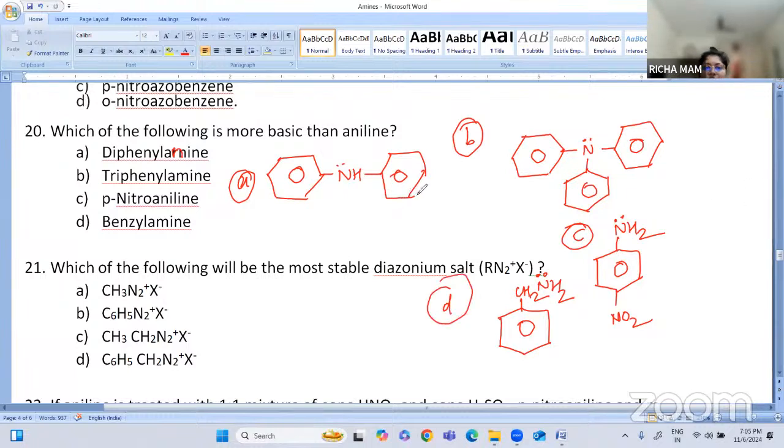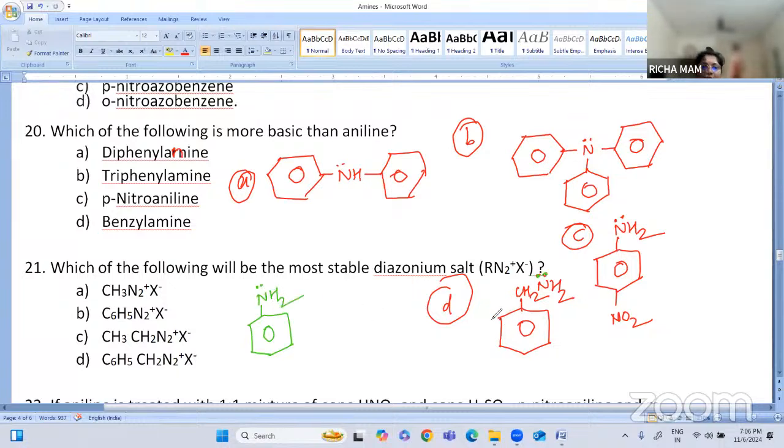Okay. So which of the following is more basic than aniline? Bhuvan has answered as D. Sri Varuni has also answered as D. Why? What is the reason? Why D? Why are benzylamines more basic than aniline? Aniline is this, NH2.